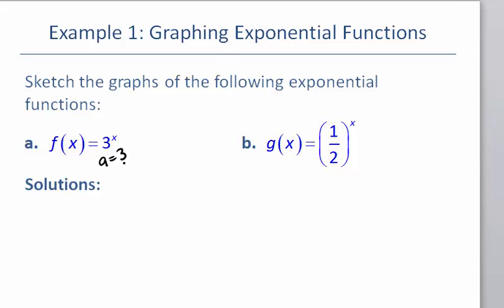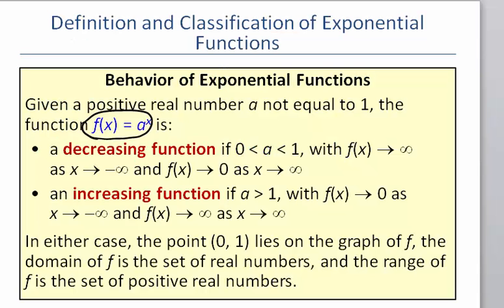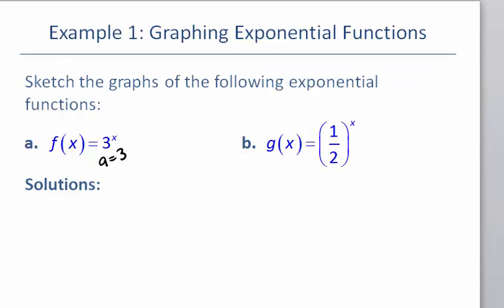Obviously 3 is greater than 1, so we're dealing with this case, and we expect our function to be an increasing function. In order to draw it, we're going to set up a table of values.